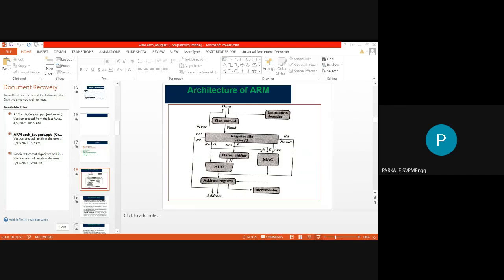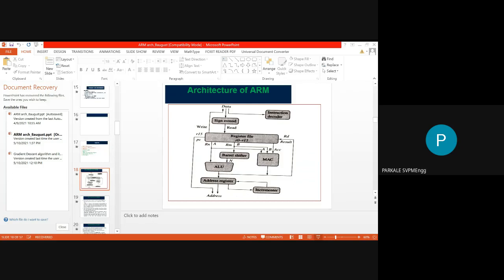That is the use of the ALU block. For this ALU we require two inputs, one from bus A and one from bus B.